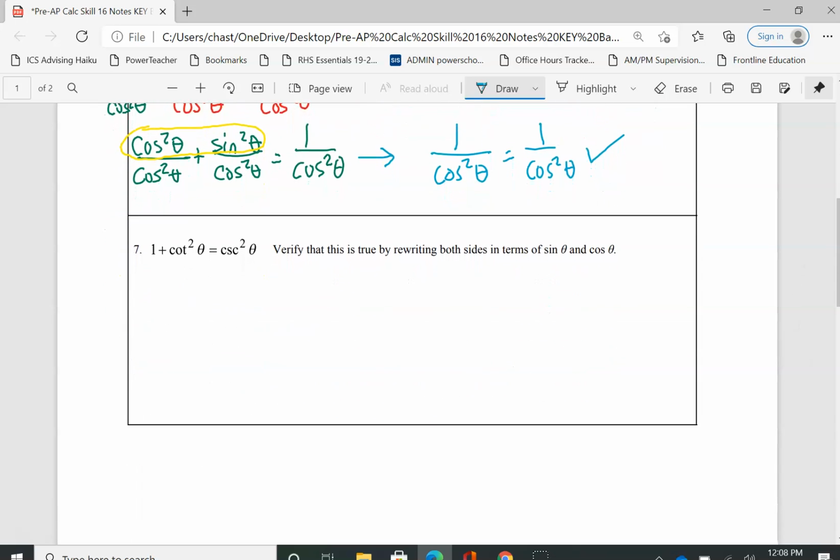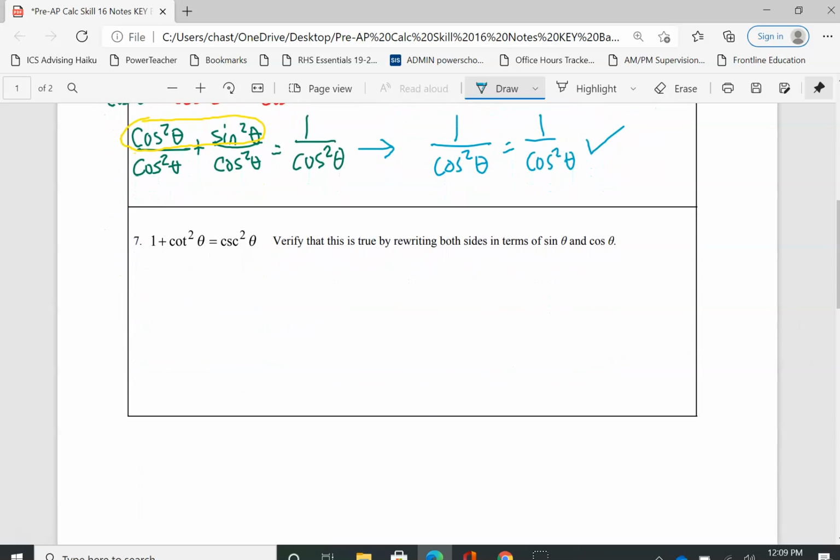Now for the last one, we have 1 plus cotangent squared equals cosecant squared. We're going to do a similar process. Cotangent, remember, is the reciprocal of tangent, so tangent is sine over cosine. Cotangent squared would be cosine squared over sine squared. And cosecant squared would be 1 over sine squared. So we're going to get a common denominator.